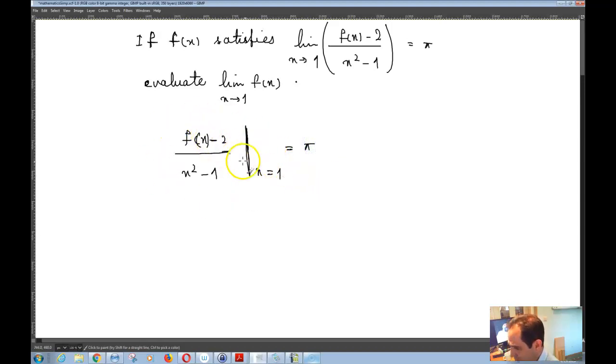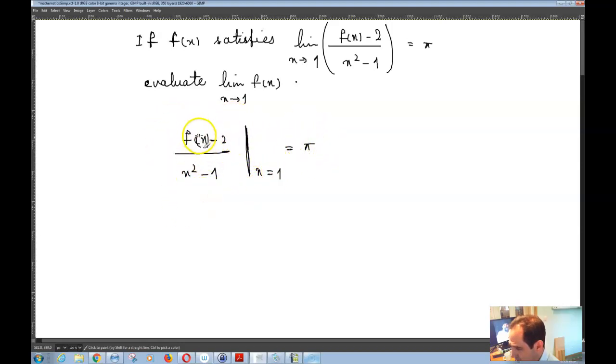This is just some notation that I remember from college mathematics, I suppose. What this means is that basically the value of this expression at x equal to 1 is equal to pi.